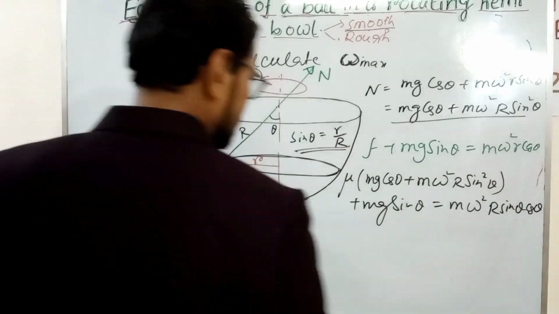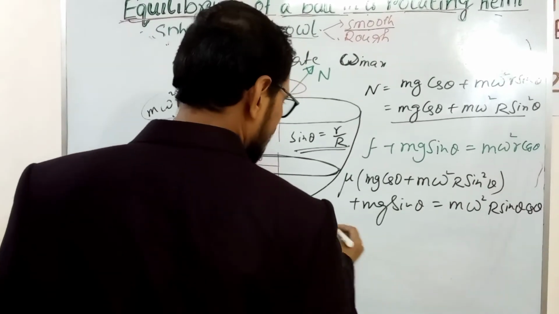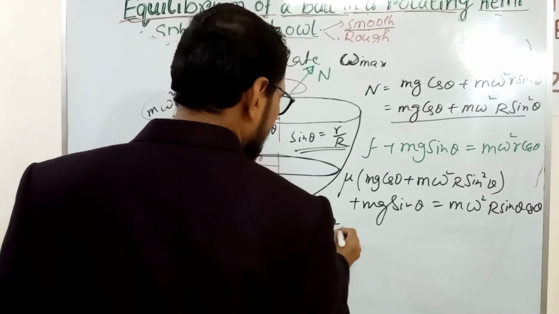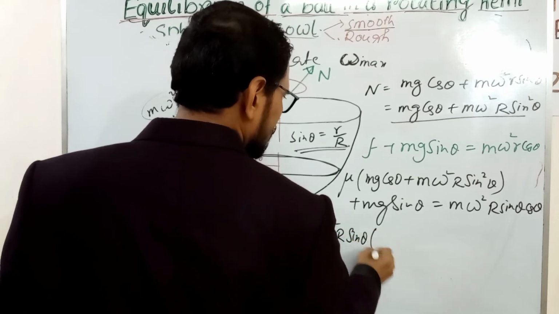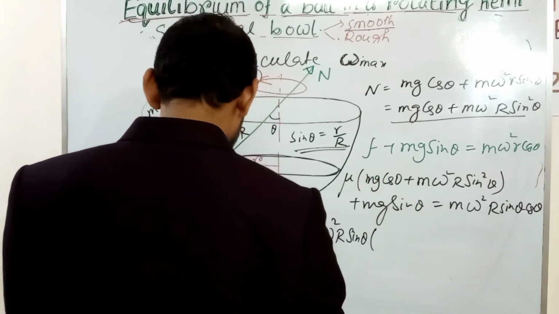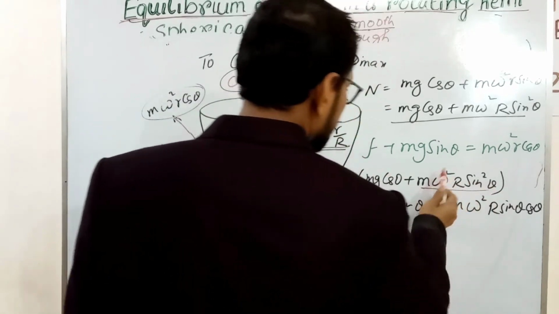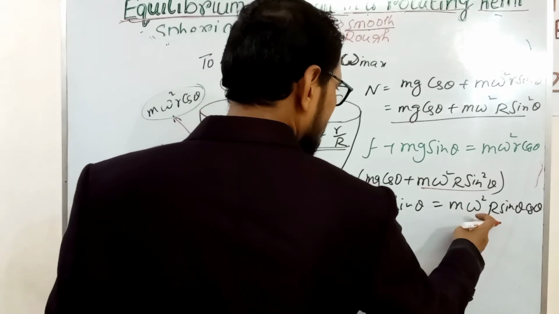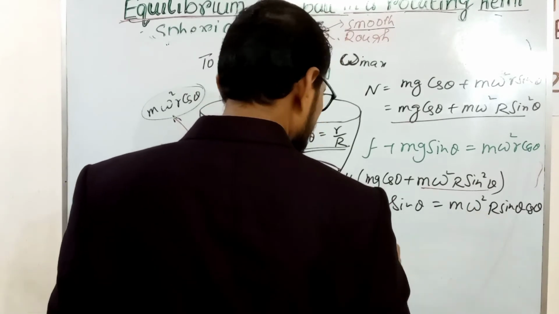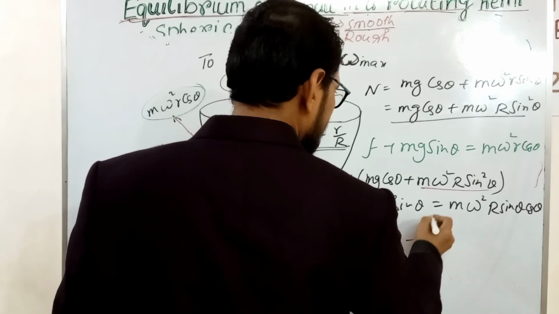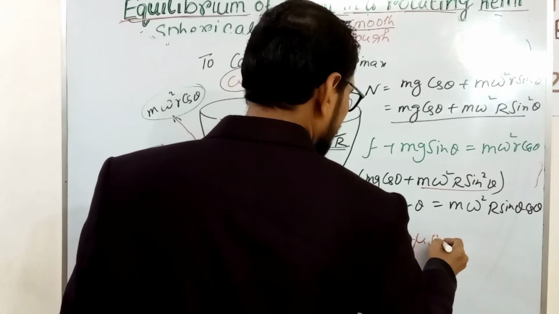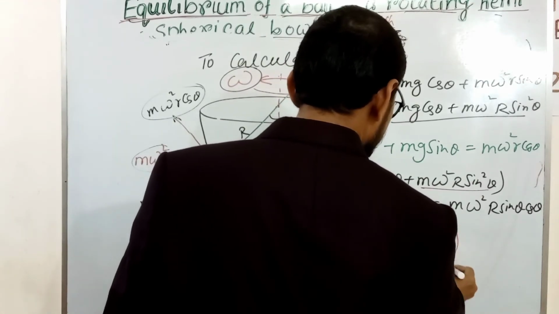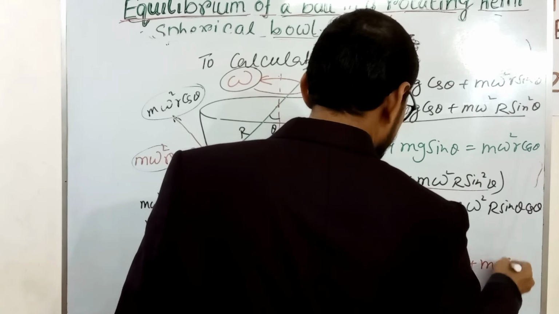Now we have to calculate. Taking the omega square terms, m omega square R sin theta, to the left side, and the other terms on the right, we take m omega square R sin theta common and get cos theta minus mu sin theta equals mu mg cos theta plus mg sin theta.